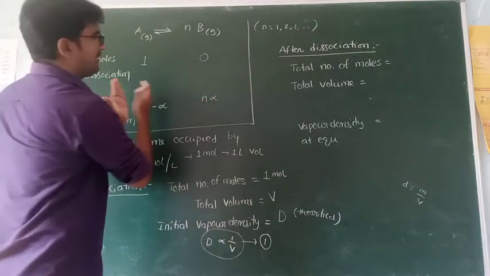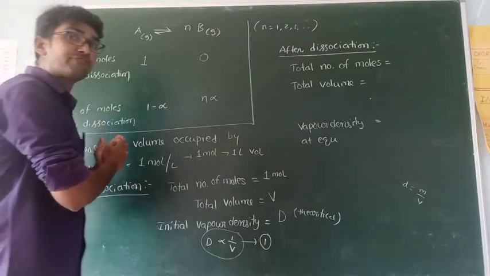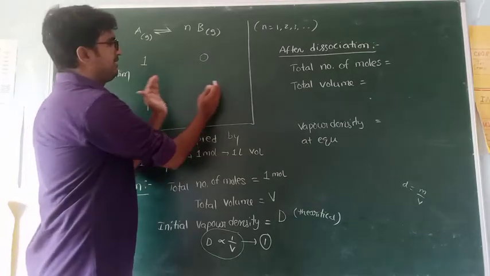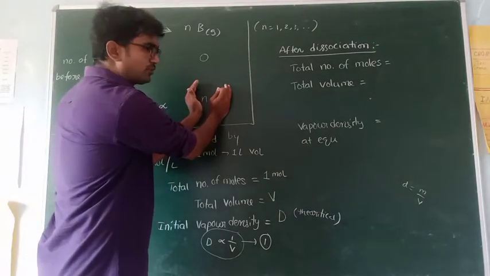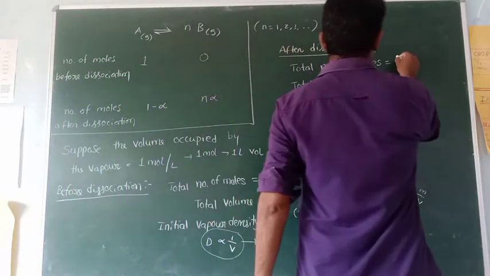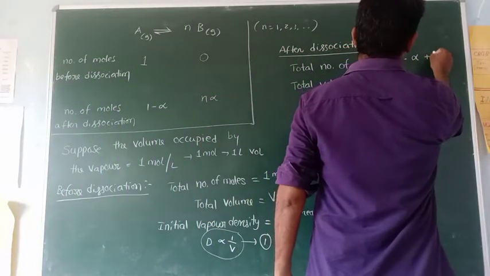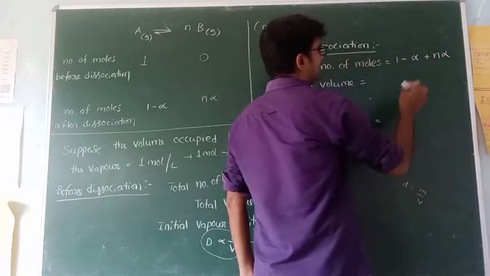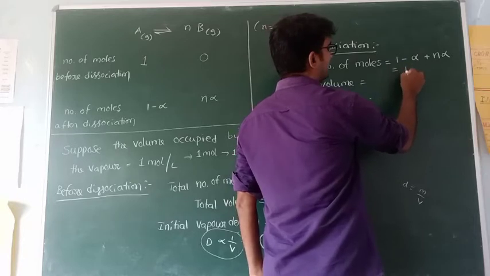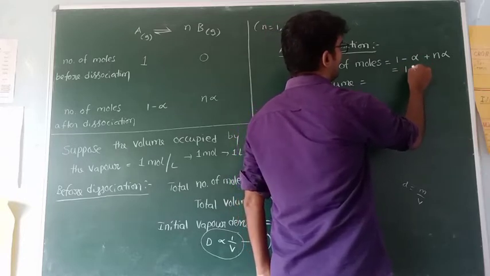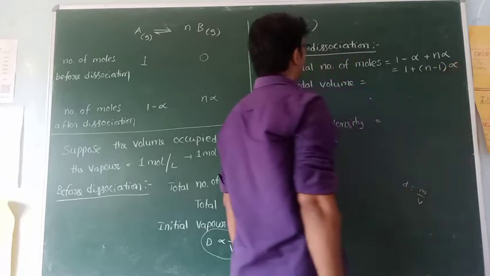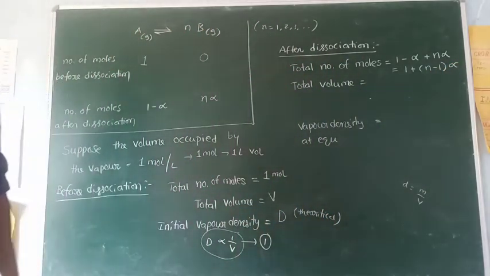Now the total sum gives the total number of moles after dissociation, after complete reaction. Total moles is 1 minus alpha plus n alpha. But in this, n alpha minus alpha, take alpha as a common factor. So it is derived as (n minus 1) into alpha. This is the total number of moles.